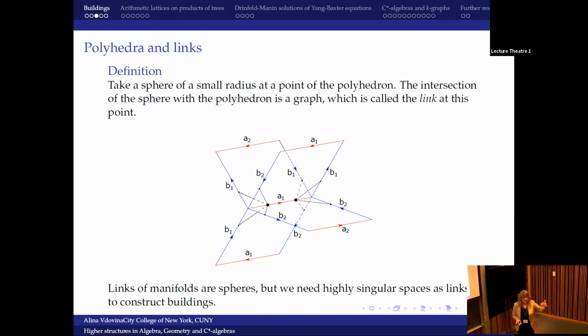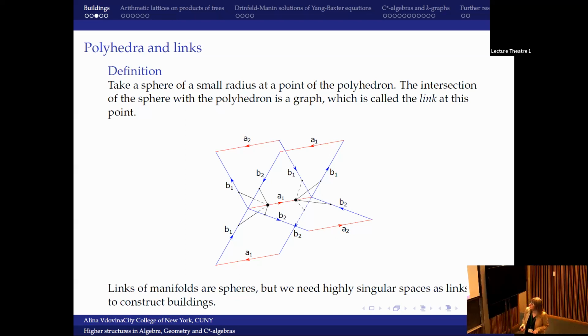But when you think about higher dimensional branching, you get into trouble straight away, already in dimension 2. And even if you look at manifolds, of course, there is a lot of mathematics about manifolds of higher dimensions, but they are nicely behaved because their links are spheres.